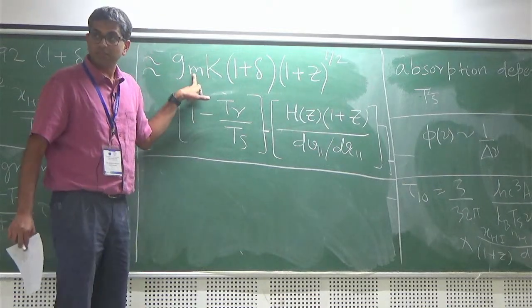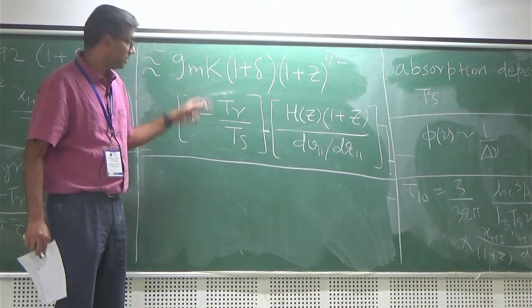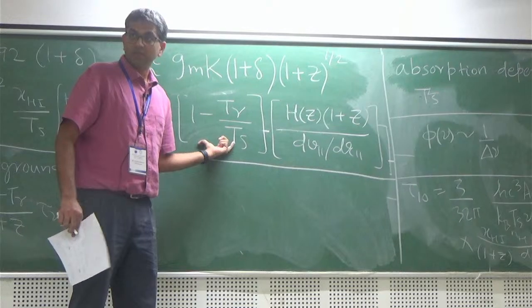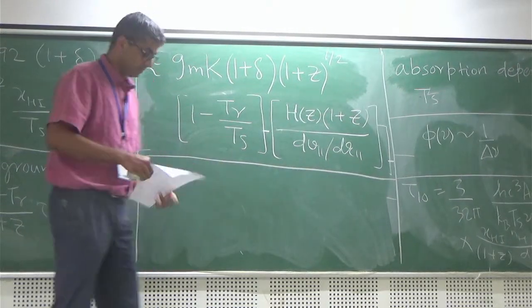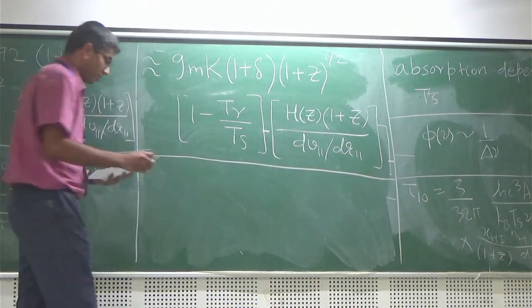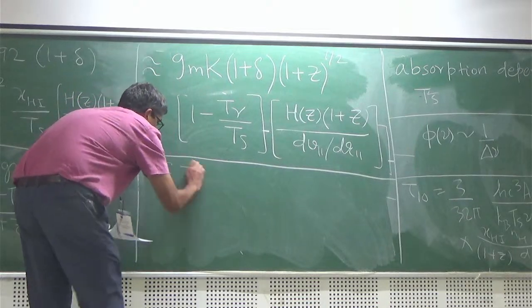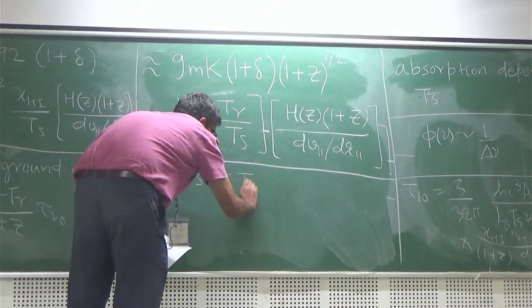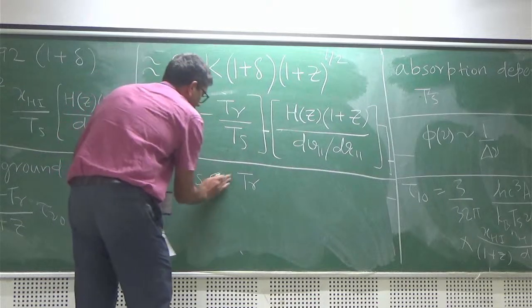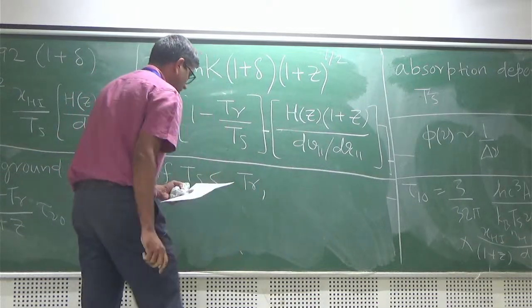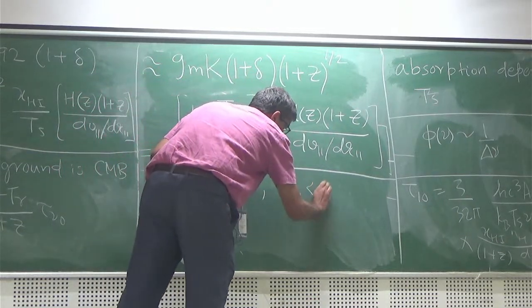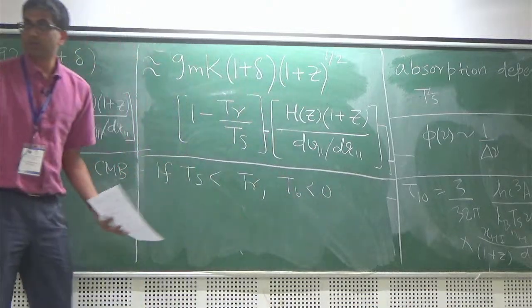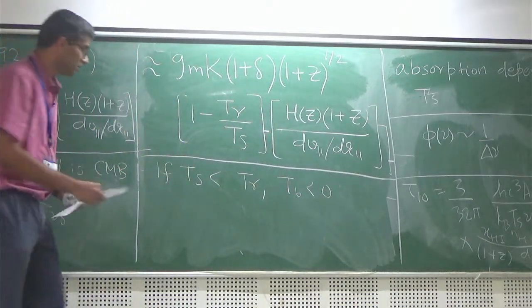It has some constant, namely the 9 millikelvin here, and then it has this important term, which is 1 minus T gamma by Ts. And the limit that I said was, if Ts is less than T gamma, then Tb is negative. So you have an absorption signal.